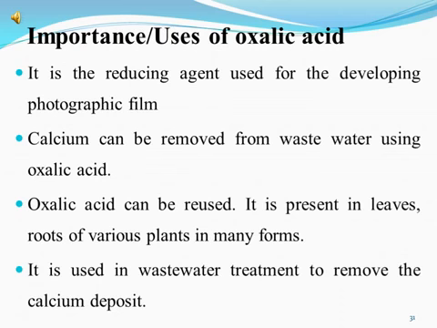Introduction of oxalic acid. A dicarboxylic acid is an organic compound containing two carboxyl functional groups, COOH. For example, malonic acid, succinic acid, glutaric acid, adipic acid, etc. For molecules with two carboxylic acid groups, the carbon chain between the two carboxylic groups, including the carboxyl carbons, is taken as the longest chain.